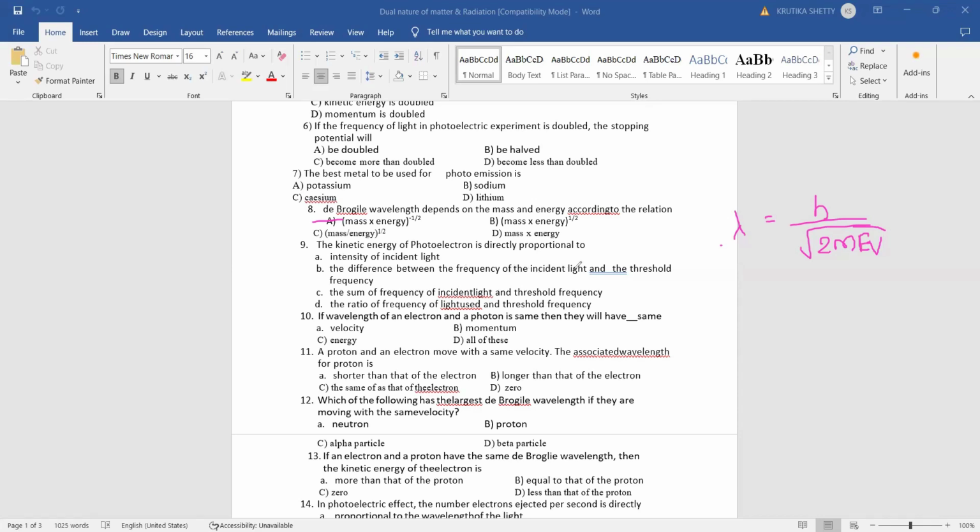B, the difference between the frequency of the incident light and the threshold frequency. B is the correct answer. Okay, go for question number 10.